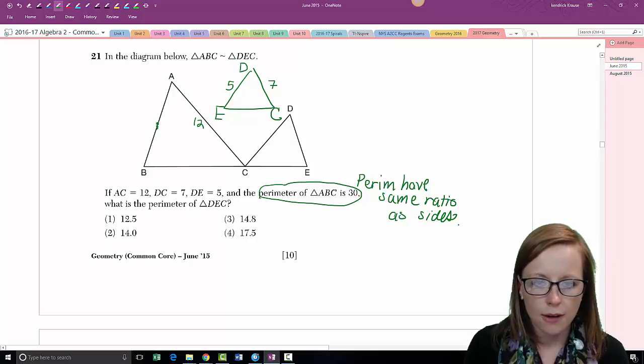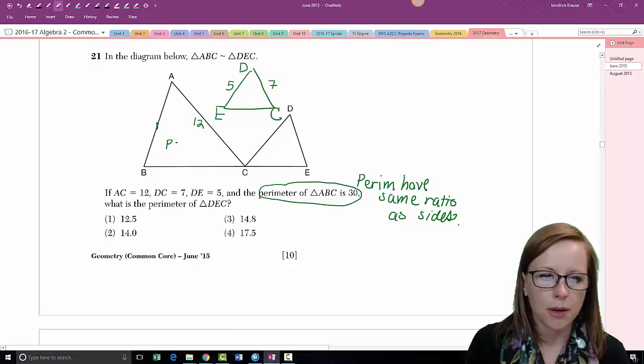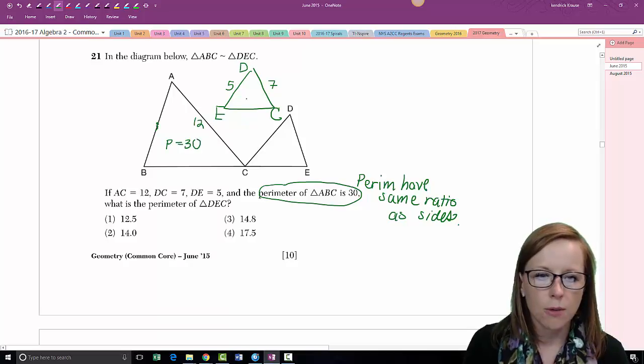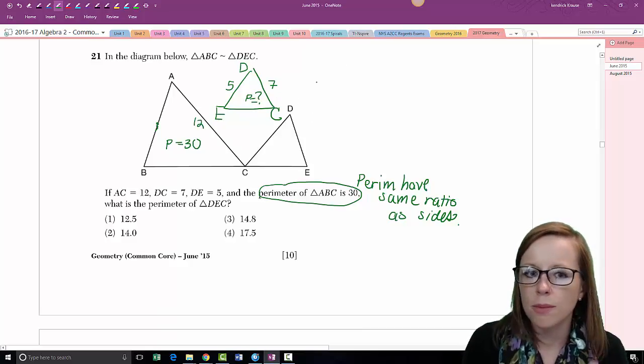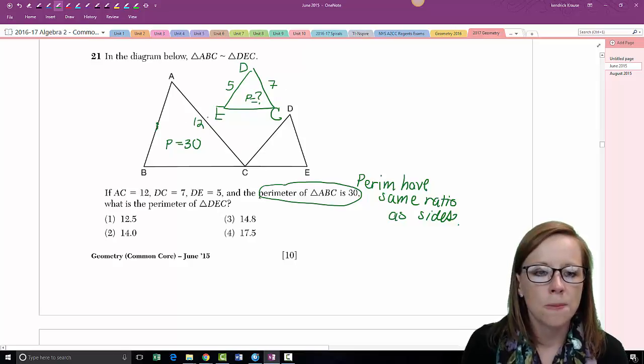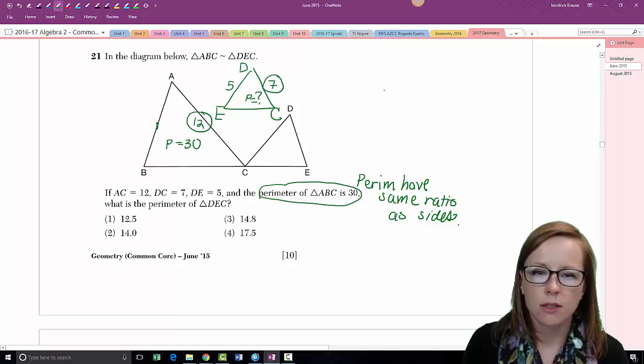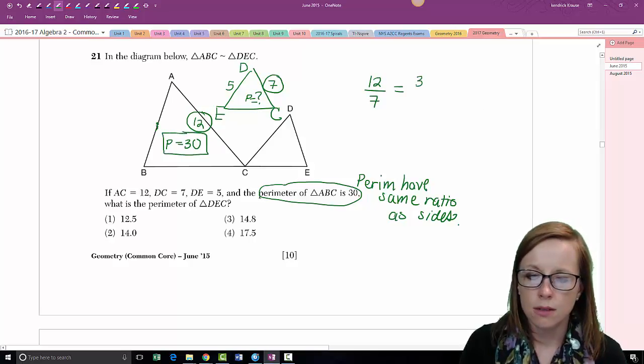The perimeter of triangle ABC is 30. We want to find the perimeter of this triangle. So I can use a side ratio and then just set the perimeters in the same ratio. I'm going to use 12 is to 7, so 12 over 7 is equal to the perimeter of ABC, 30, over the perimeter of DEC, which I need to solve for.